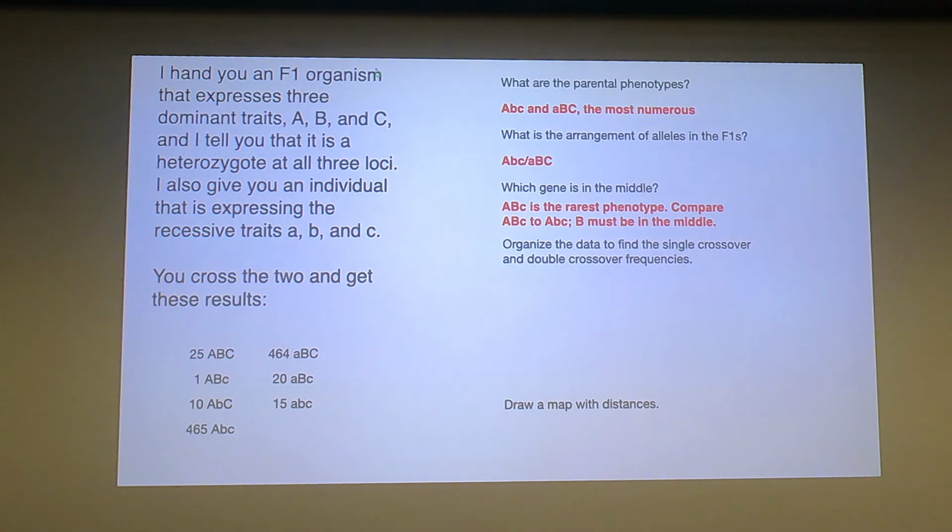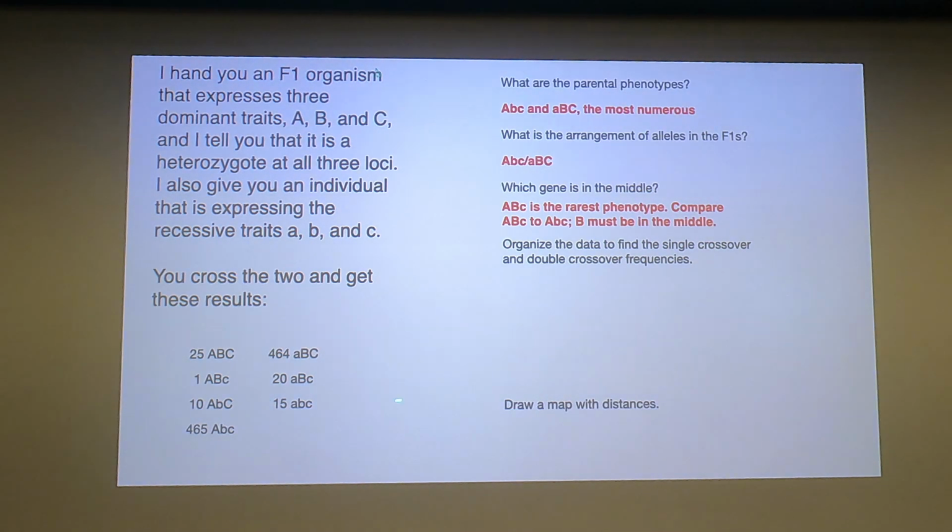But then the other thing is, we want to organize these into those 4 categories: the non-crossovers, the single crossover between A and B, the single crossover between B and C, and the double crossovers.